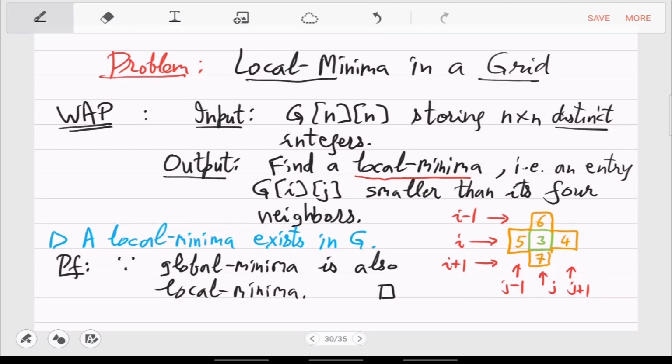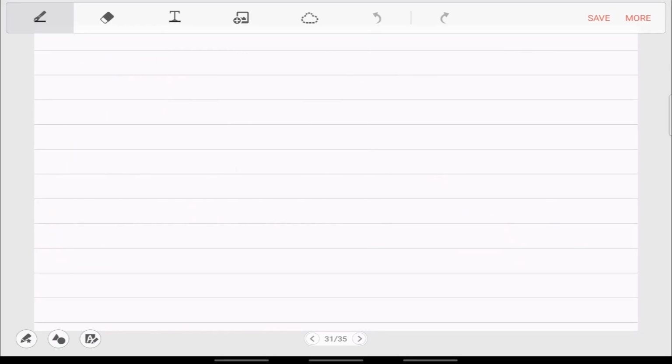So hence, there is no problem with existence, and generally there will be many. You just have to output one. So the first idea is always the trivial idea, which is you scan the whole grid.